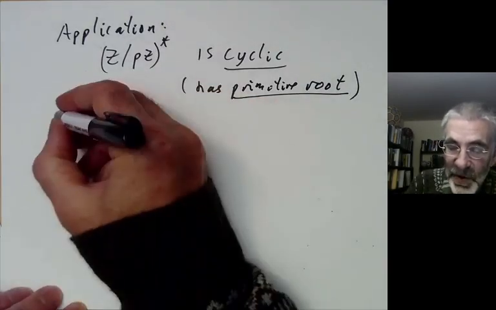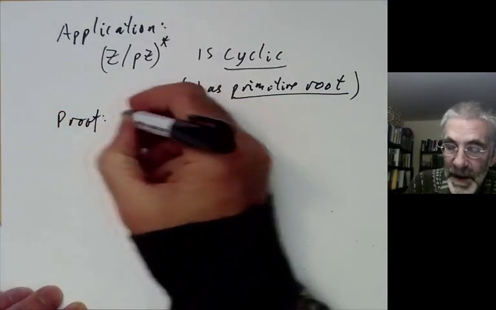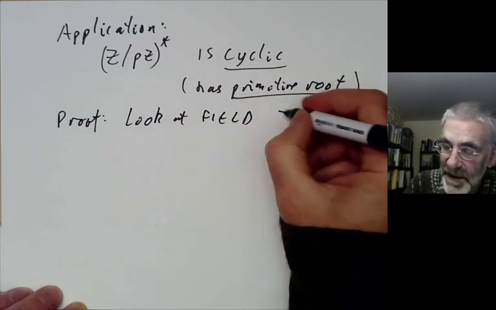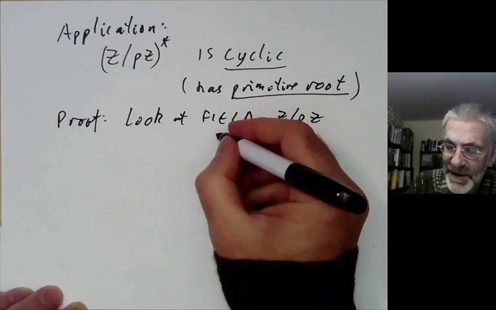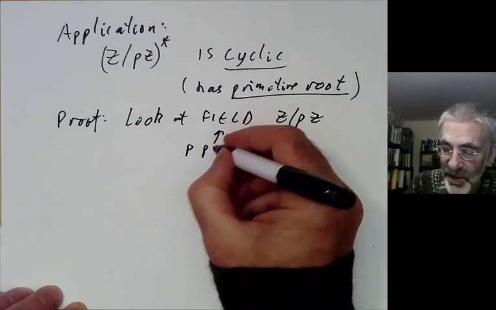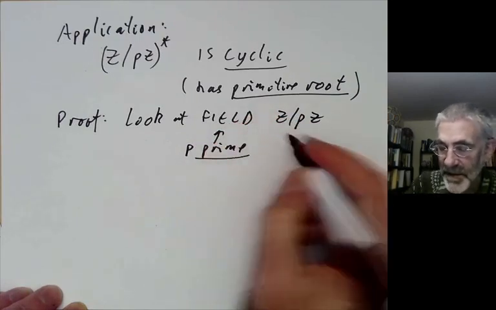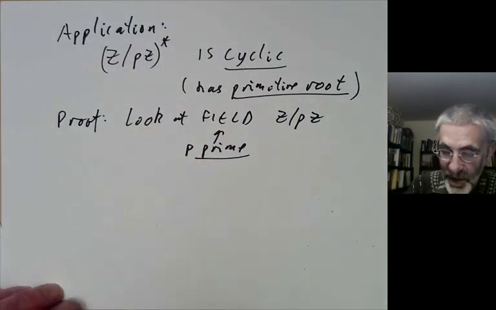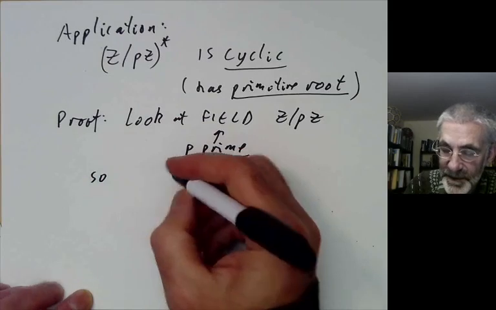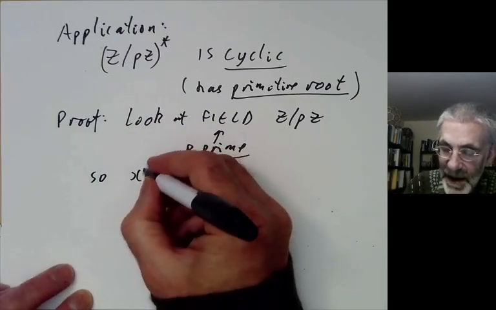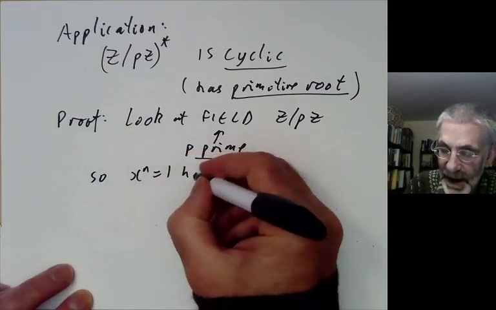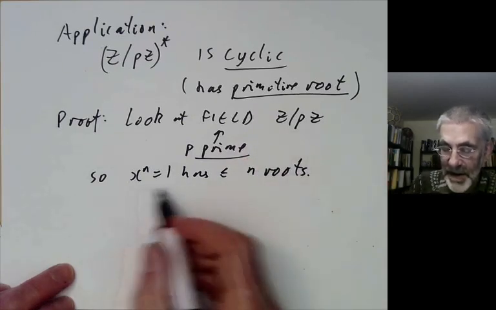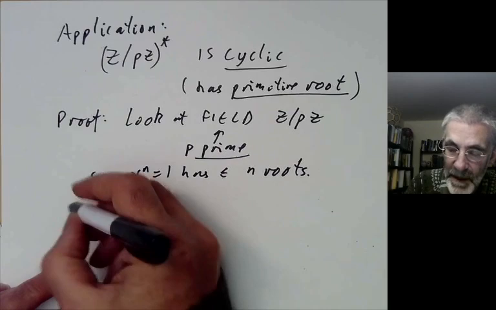And the proof of this is we look at the field Z modulo pZ. Well, why is this a field? It's a field because p is prime. So this is going to fail if you replace p by something that isn't a prime. So x to the n equals 1 has at most n roots for any positive integer n.